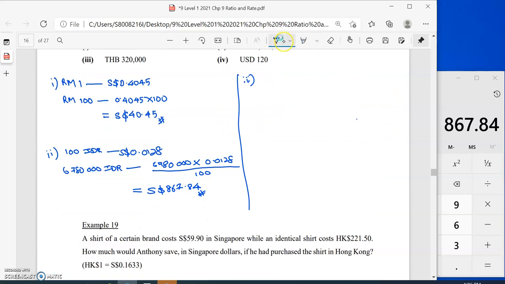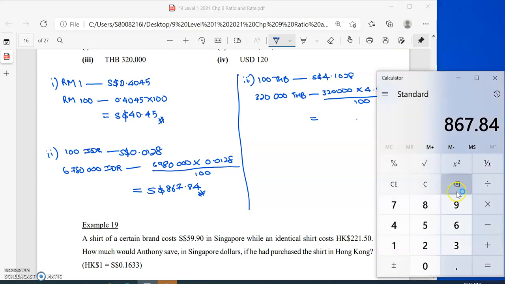All right, for 100 Thai baht, it will be at Singapore 4.1028. So now that I have 320,000 Thai baht, I'm going to take my 320,000 multiply by 4.1028 divide by 100 since the 4.1028 is for 100 units.